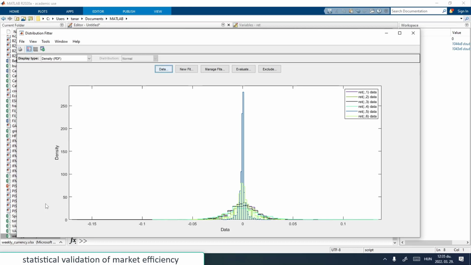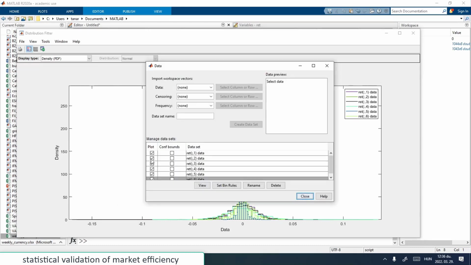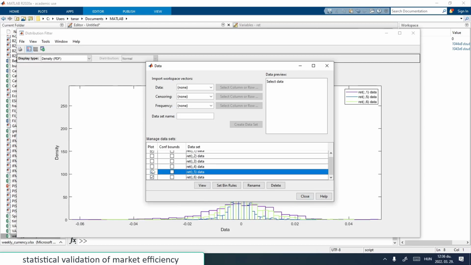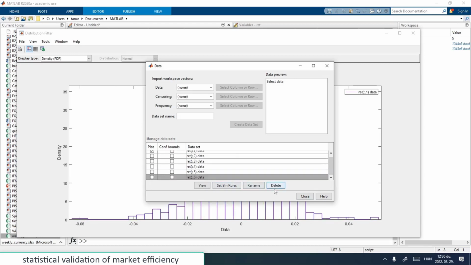Even here we have some data, quite invisible, but we can see the green line, so at least there is one data point with a really serious jump back and forth. Also here we can see something, and there is black, so the third currency is there. We cannot say that all currencies are the same. At least, are they normally distributed or not? So let's see the classical US dollar euro exchange rate.